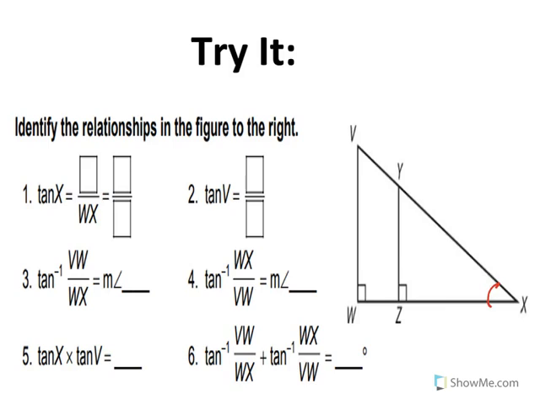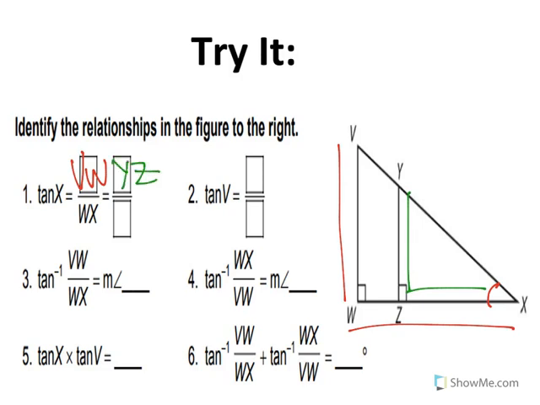They say from WX, so this is opposite, so that would be VW, or if we're looking at the smaller triangle, let me do that in green, the opposite would be YZ over ZX, right?